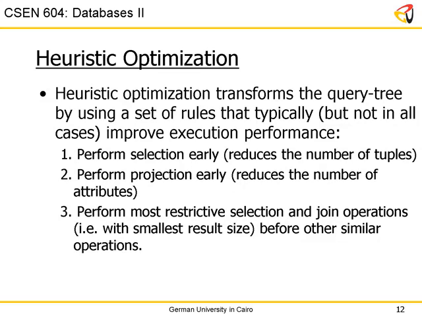Now, the word heuristic means like a rule or a standard, or a convention, if you'd like. There are really three basic heuristics that historically have been developed, and they are very common sense rules. There's really nothing deep about them in terms of what they're trying to achieve. The three simple heuristics are: you perform the selection as early as possible, you perform the projection as early as possible, and you perform the joins and selections that enable you to reduce the result set size as early as possible.